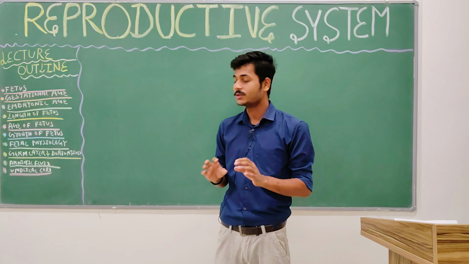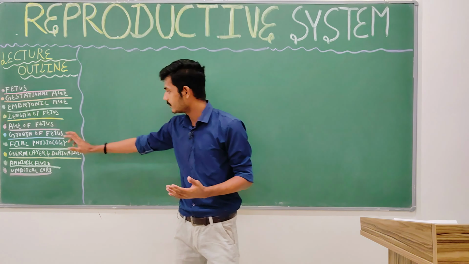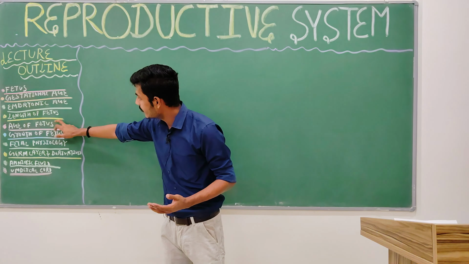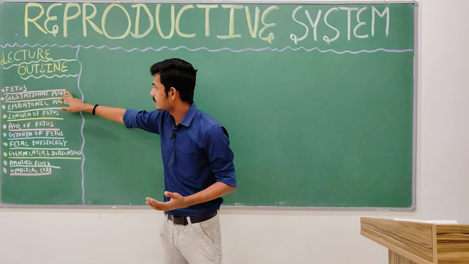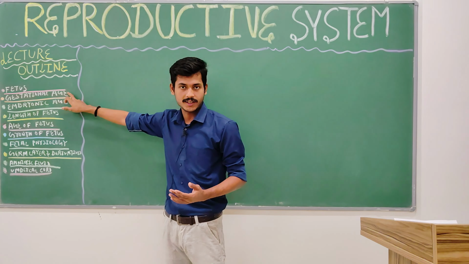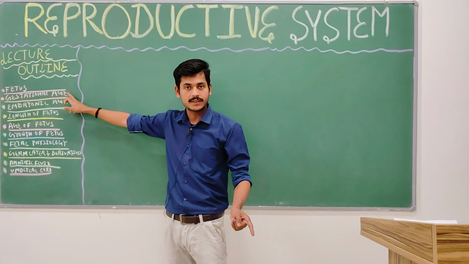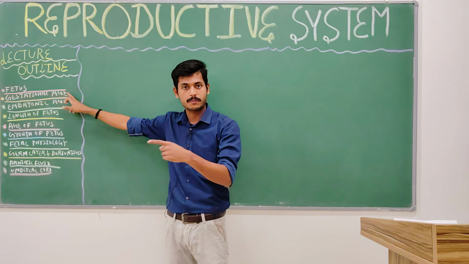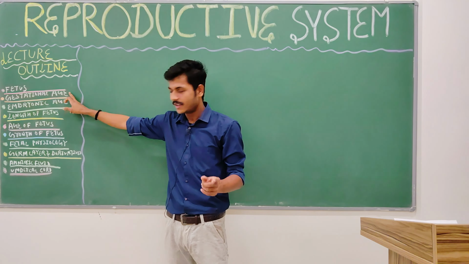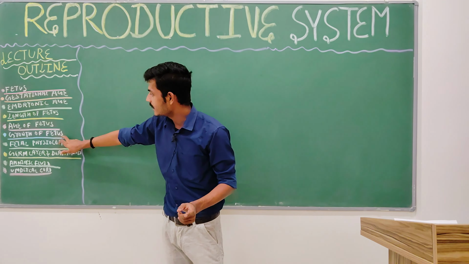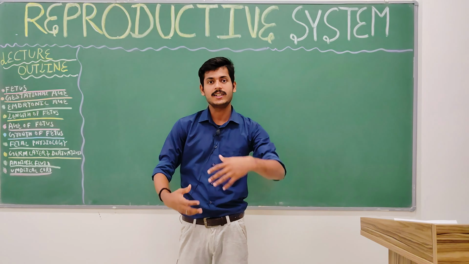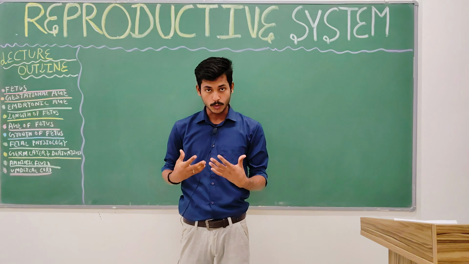Then we saw how to determine the age of the fetus. We concluded that the age of the fetus is decided by the gestational age, meaning the time from the last menstrual period through the whole pregnancy.